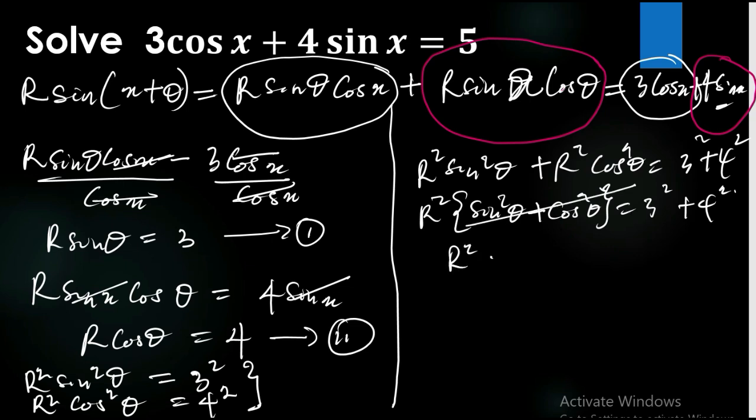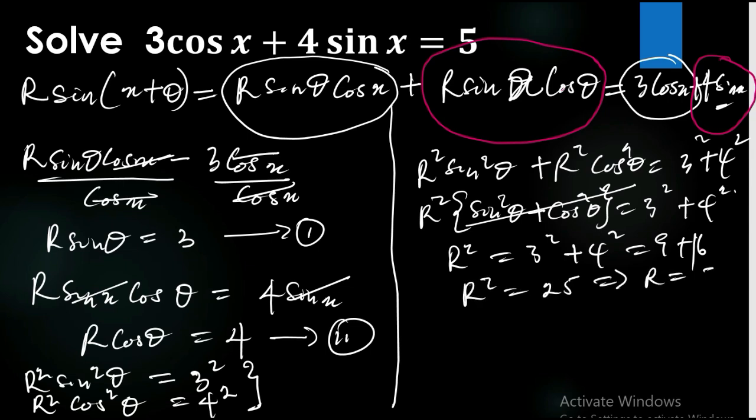Then I'm left with r squared equal to 3 squared plus 4 squared, that's equal to 9 plus 16. Obviously, my r squared is equal to 25, which implies that r itself is equal to 5. Now, if r is equal to 5, that means here I can replace r with 5.